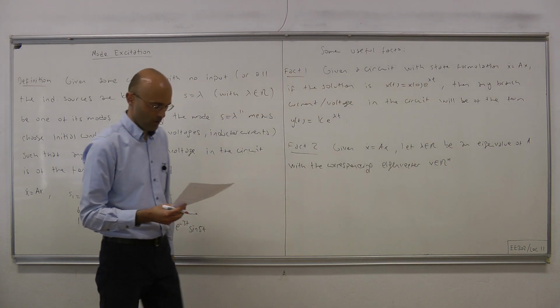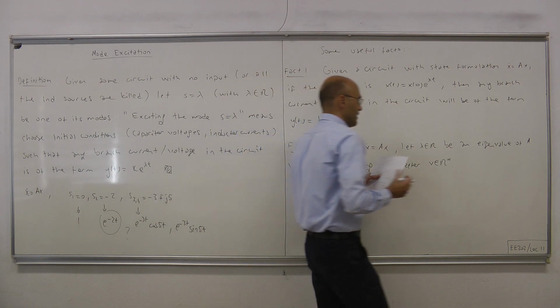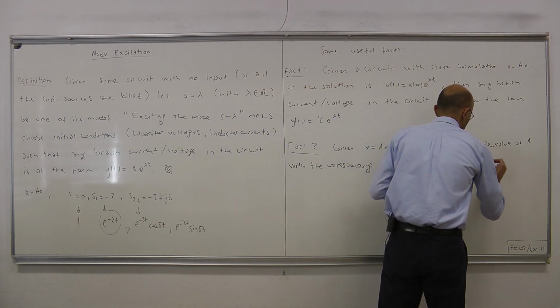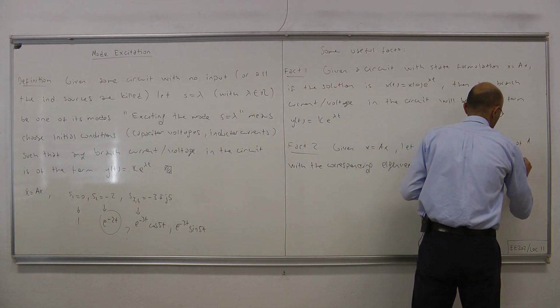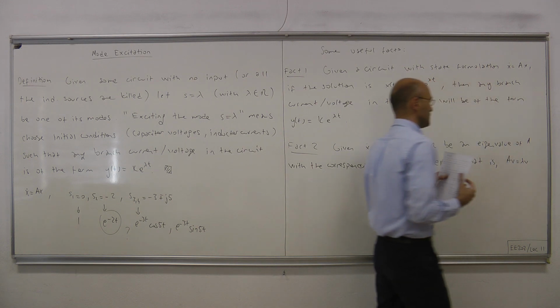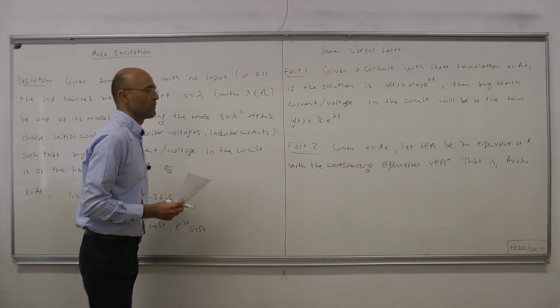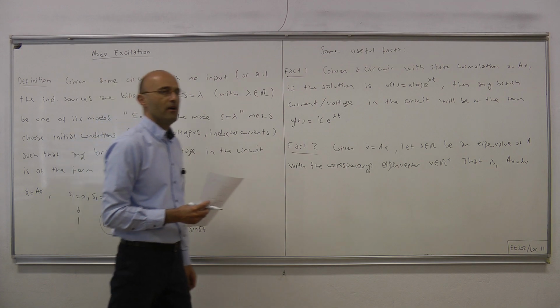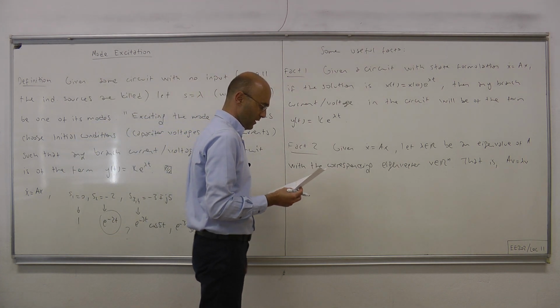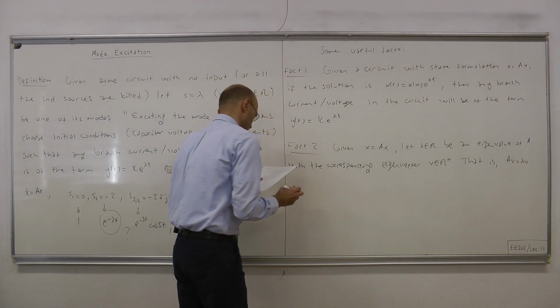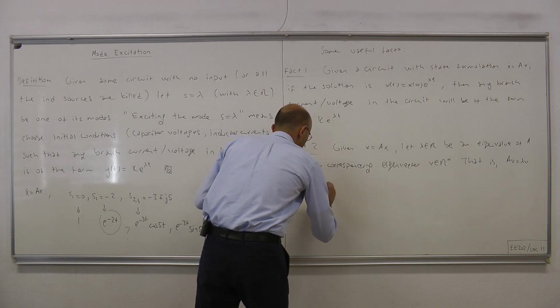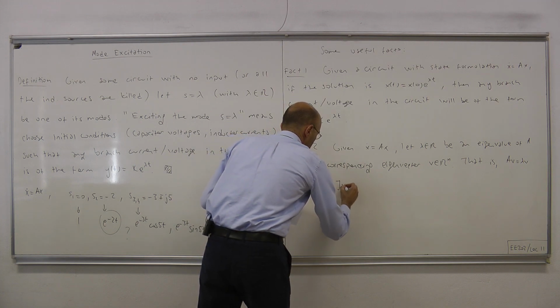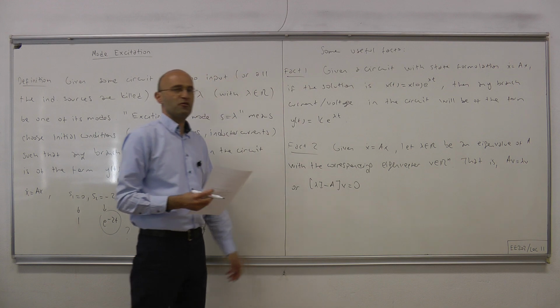Okay, so let's remember the eigenvalue-eigenvector equation. That is AV equals lambda V. Okay, or we can write lambda I minus A times V equals 0.